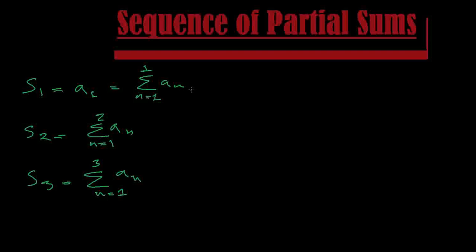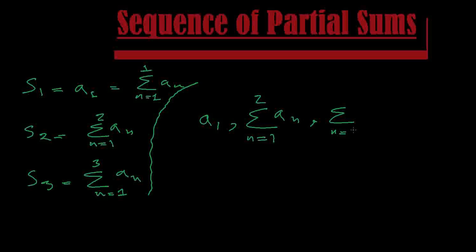So the sequence is going to be a sequence of all these sums: S1, S2, S3, S4 and so on. This is a sequence of these sums, hence the term sequence of partial sums.